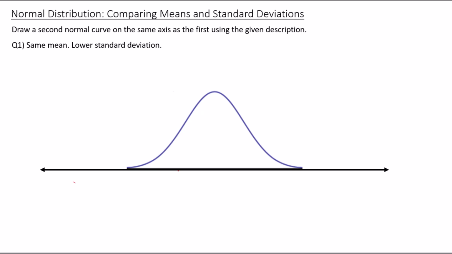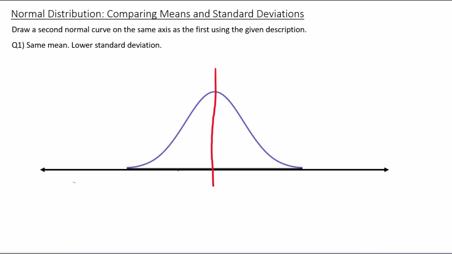So question 1 wants us to draw a normal curve with the same mean and a lower standard deviation. Because the mean is going to stay the same, I'm going to keep it right in the middle. I'm going to draw the vertical line directly down the center of my original normal curve. But my standard deviation needs to be lower. So now that data is going to be closer together. It's not going to be as spread out.